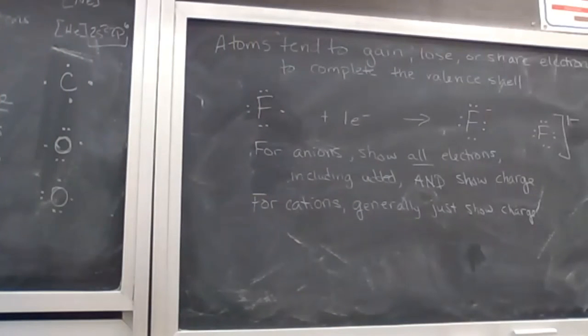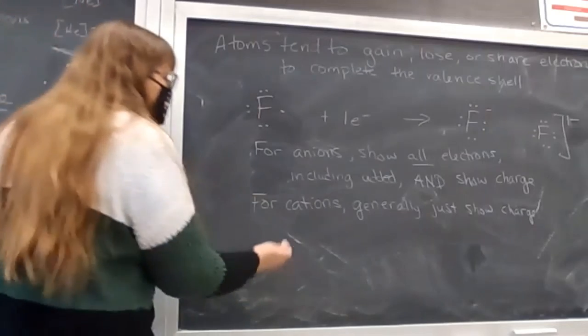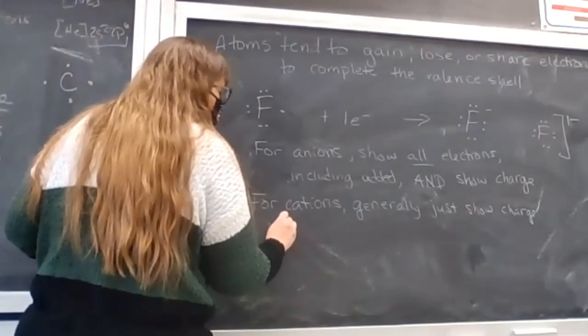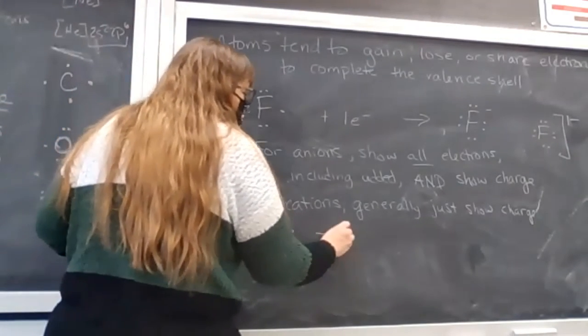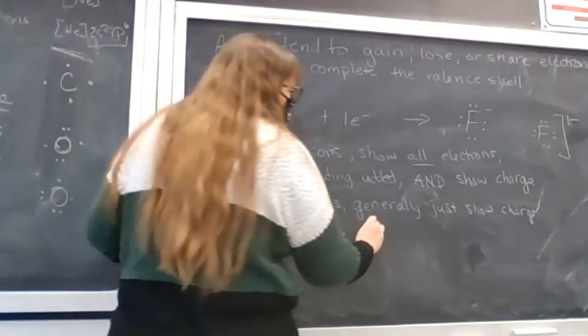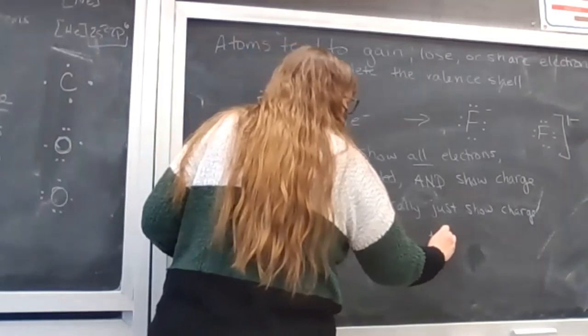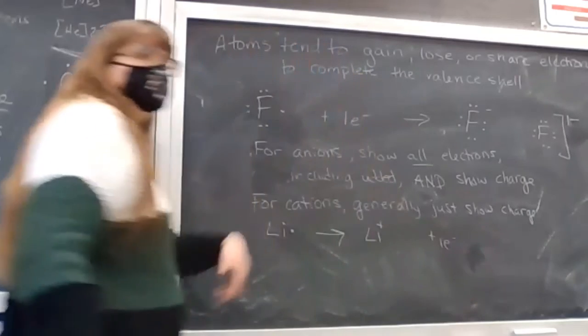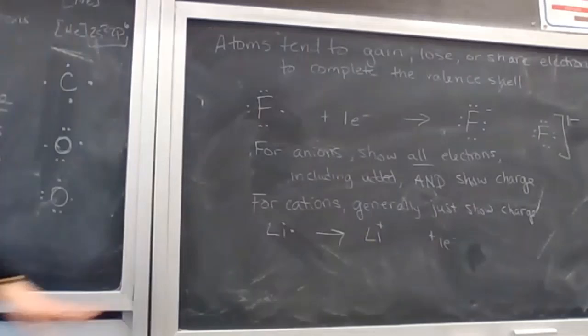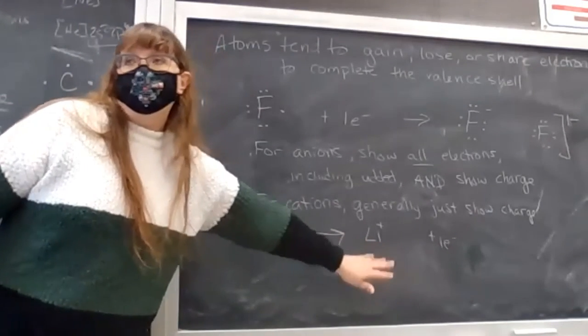When we get to polyatomics, it'll be a little bit different. But if I think of lithium, which has 1 dot, and I pull that electron off, I'm just going to show lithium plus, and then that electron went and did something else. Okay, so this is the dot structure for lithium.